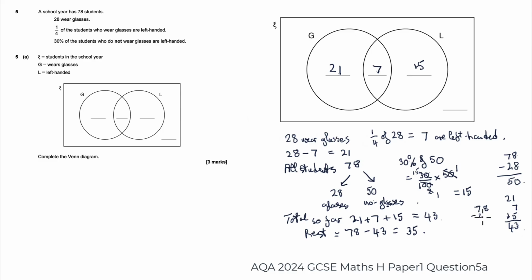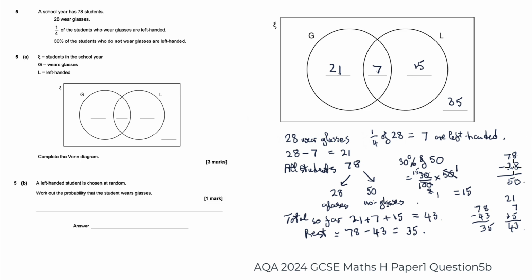No calculators. So the rest of these students, the ones that are not left-handed and don't wear glasses, the right-handed non-glasses wearers, 35 of them. Okay, that's complete. Let's move on to part B.